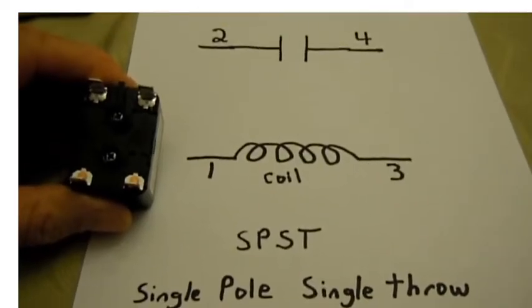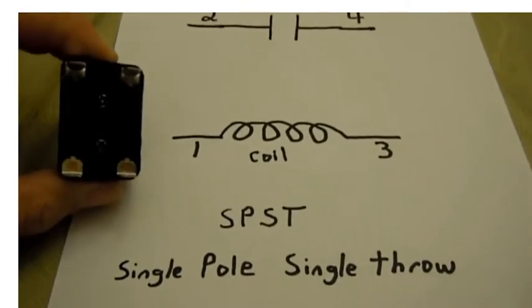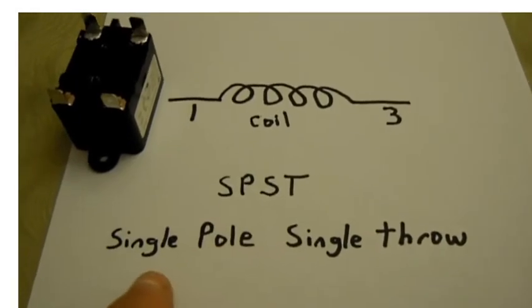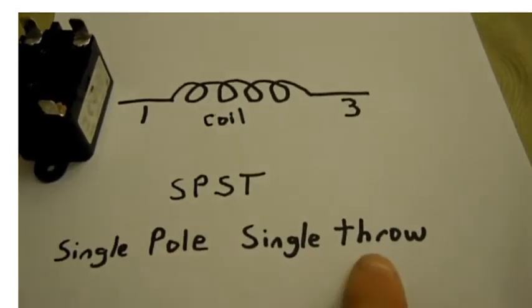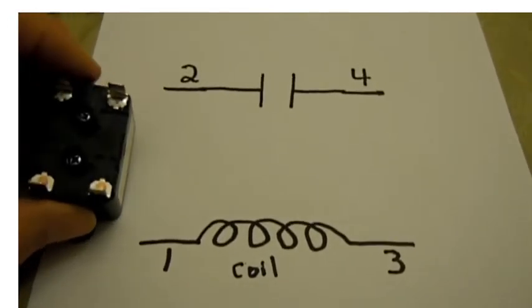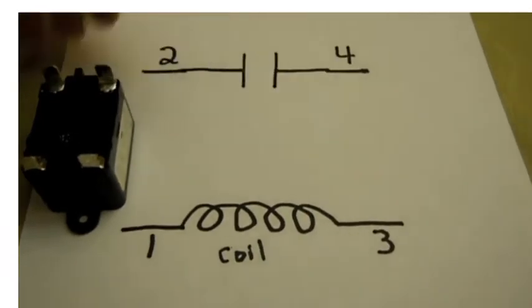And here we have the SPST relay, which is the 4-pin relay. SPST means single pole, single throw. And the way this works, you see this is a wiring diagram that I made up.